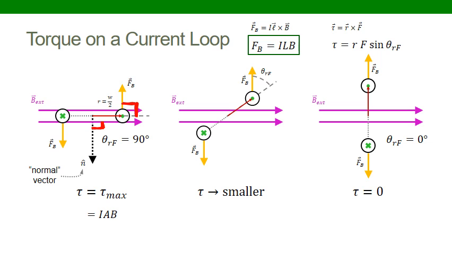If we were to look at this right-hand picture where the plane of our loop was entirely perpendicular to the field, then the normal vector ends up pointing in the same direction as the field. And so the angle between my normal vector and the magnetic field also ends up being 0.